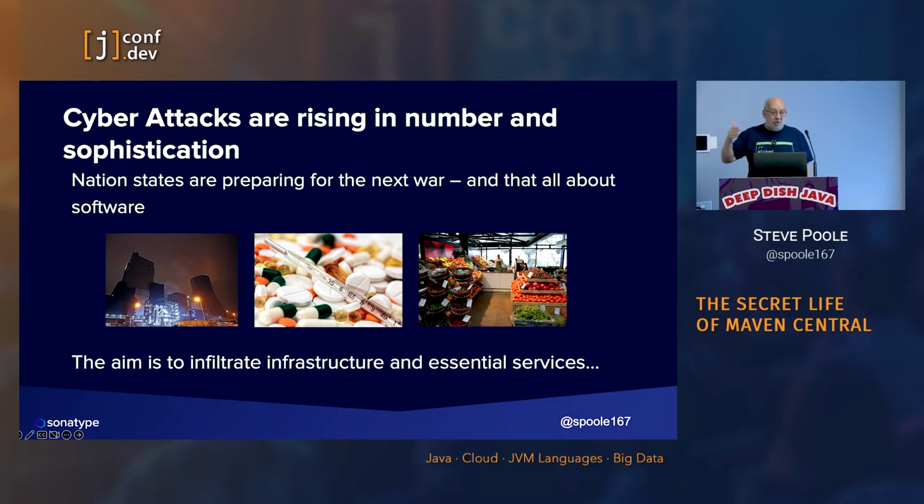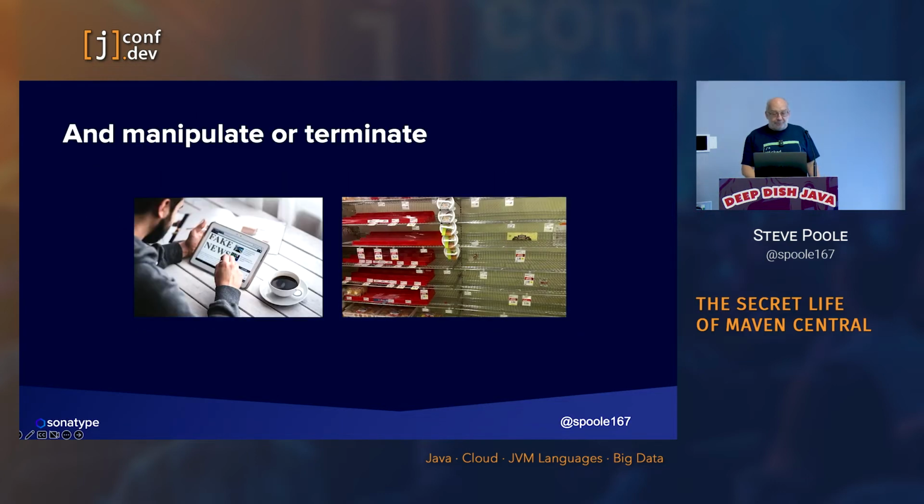People are trying to get into your systems. They're trying to get into hotel systems or pharmaceutical systems, delivery systems, whatever it is. Everything they're trying to get into. And their aim is to manipulate or terminate. So what that means is that they want to affect your economy. Imagine that they get into your system and they switch delivery addresses, or they hack your delivery cab.